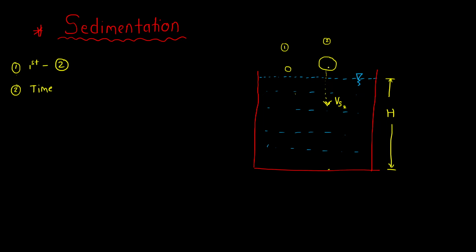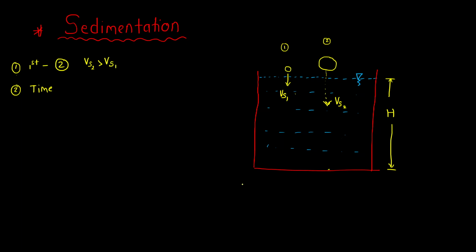As the larger stone's weight is more, under the action of gravity the larger stone will reach the bottom surface first. Now as it is reaching quickly, that means the velocity with which it is reaching is also more. If the velocity of this particle is vs1 and this is vs2, then we can say vs2 is greater than vs1.